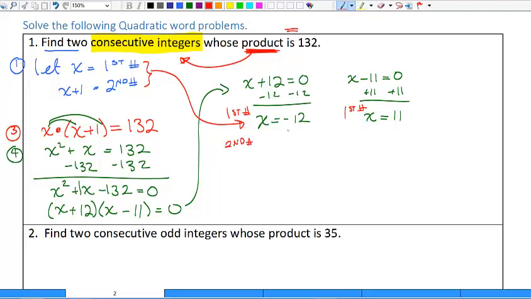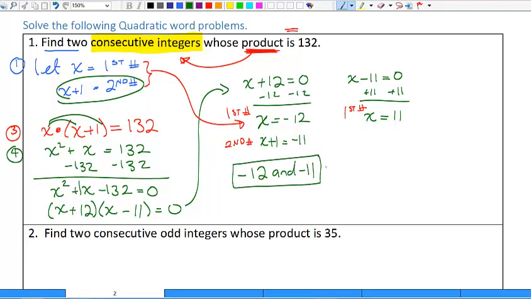If the first number is negative 12, I can put it into the second number's equation, which is x plus 1. If I add 1, that gets me negative 11. So negative 12 and negative 11 seem like a pair. I haven't quite checked it yet. And on the other one, if x is positive 11, then my second number would be x plus 1, which is 12.